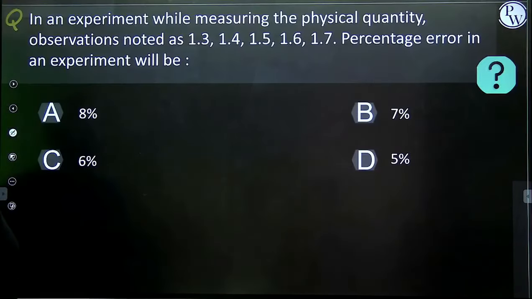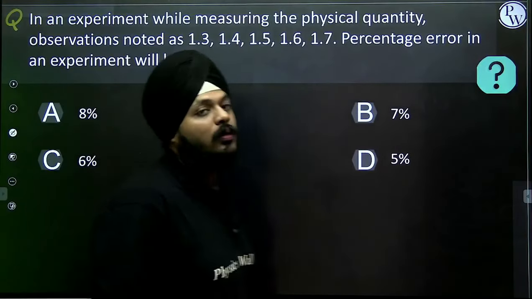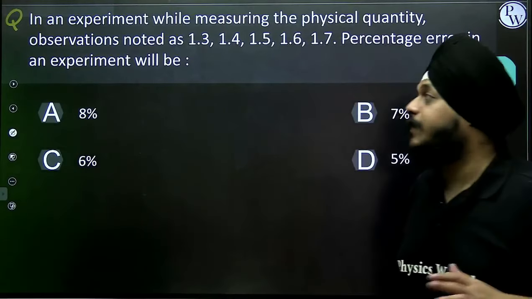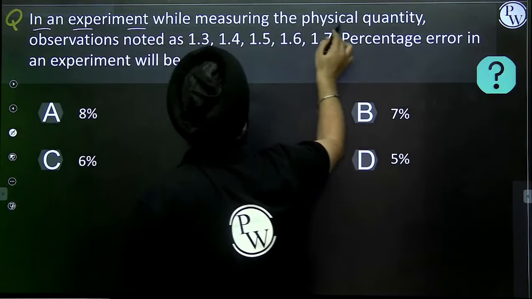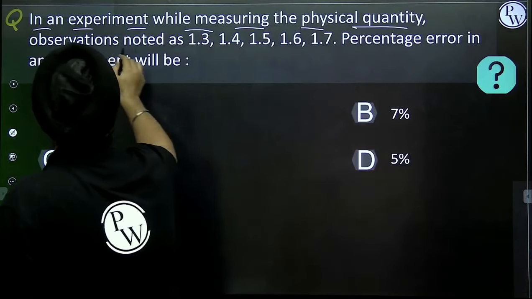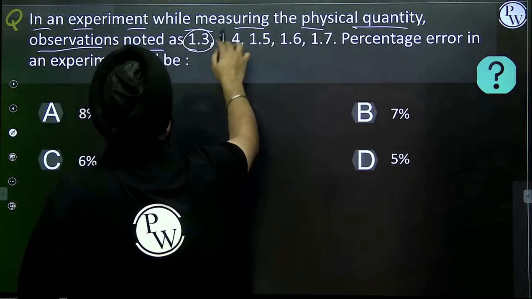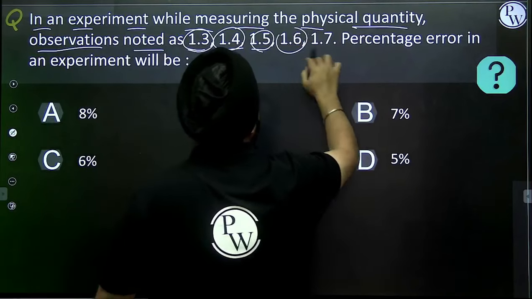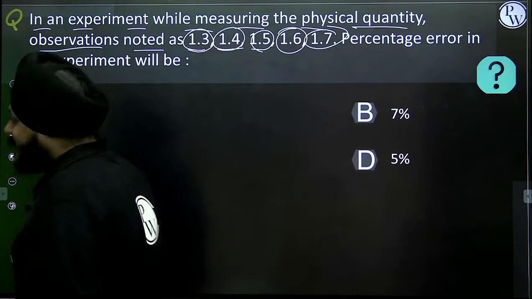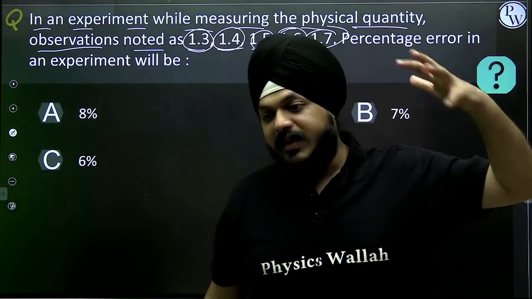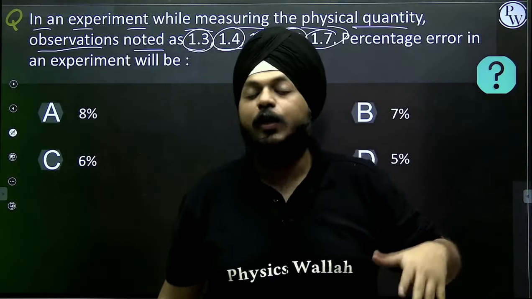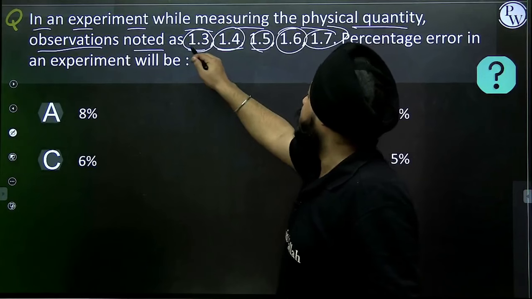So first of all, the first question appears in front of you all. In an experiment, while measuring the physical quantity, observations are noted as 1.3, 1.4, 1.5, 1.6, 1.7. Find the percentage error. I have conducted one experiment, measured all of those values, and got 5 observations.